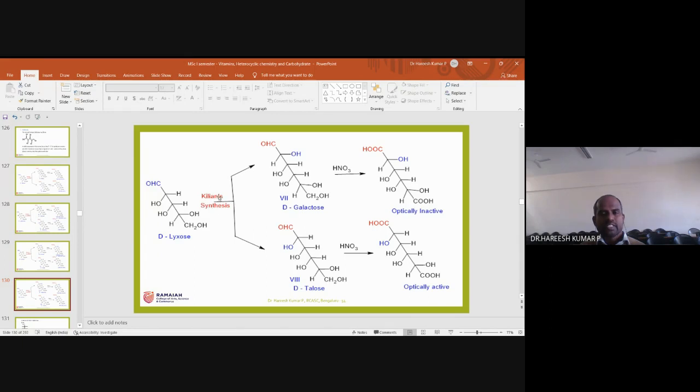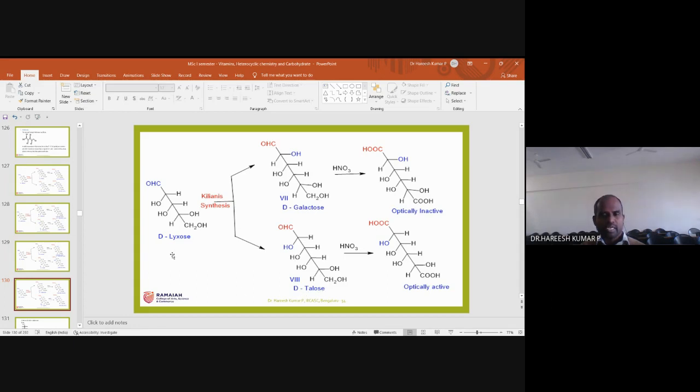During Kiliani-Fischer synthesis, the CHO group that is already present is converted into OH. In one molecule, the OH occupies the right-hand side. In another molecule, OH occupies the left-hand side. And during the synthesis, a CHO group is introduced to the first position. So this is the CHO, this is the CHO. Then what are the products obtained? The obtained ones are D-galactose and D-talose.